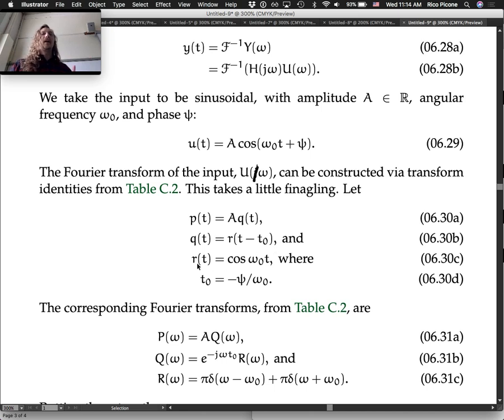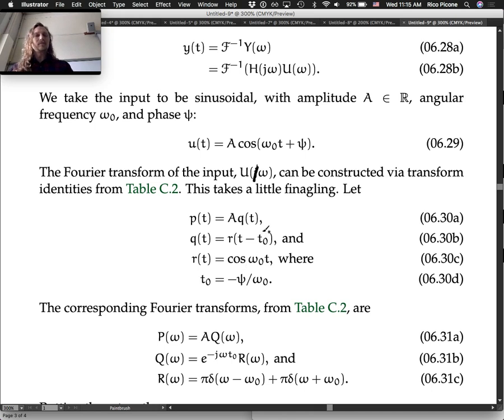And then finally, we have another function, which is cosine omega naught t, the cosine function. So we've got those 3 functions of time that are brought together into one expression. Okay, and we're going to break this down and do the Fourier transform table identities for each of these.